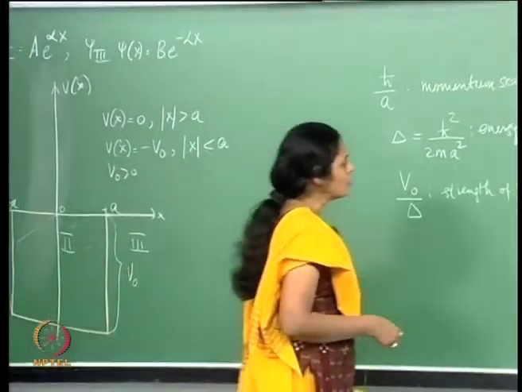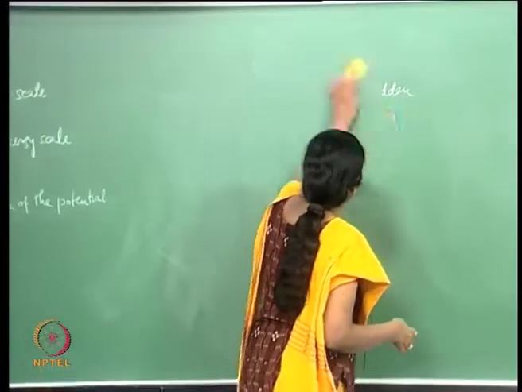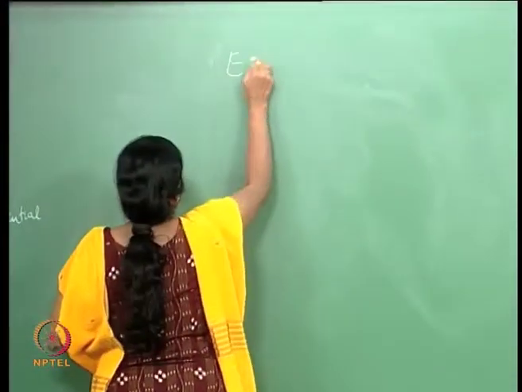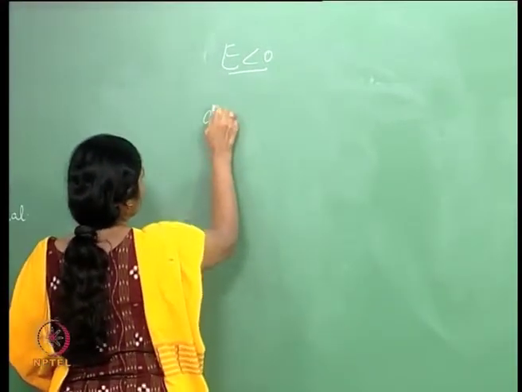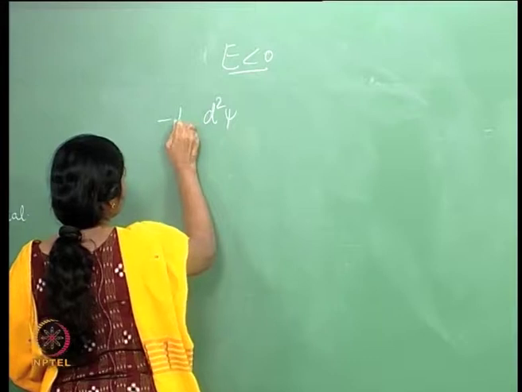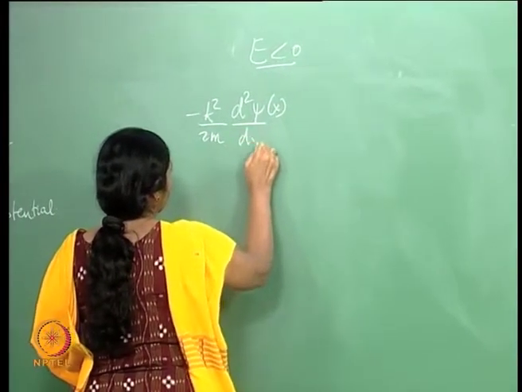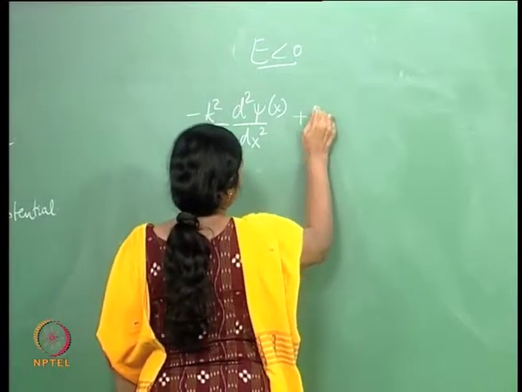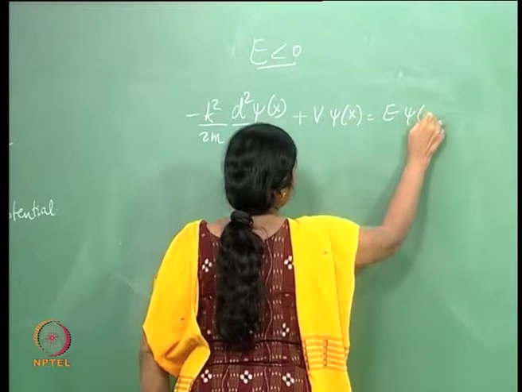Now look at region 2. We are looking at E less than 0. In region 2, you have the equation minus h cross squared by 2m d2 psi of x by dx squared plus V psi of x is equal to E psi of x.